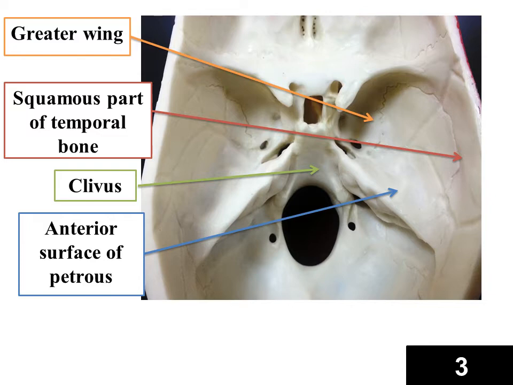Then you can see the clivus, which is indicated by the green color arrow. Again, the clivus is formed from above downward by the dorsum sellae. Then below it we have the posterior surface of the petrous, and inferiorly we have the basilar part of occipital bone.